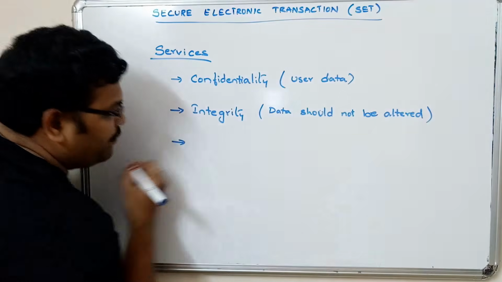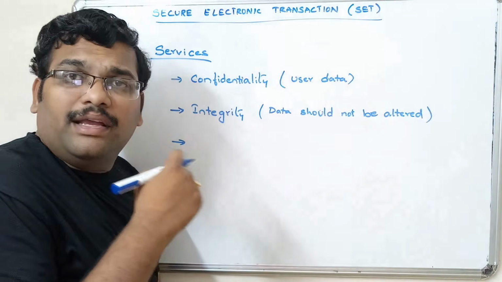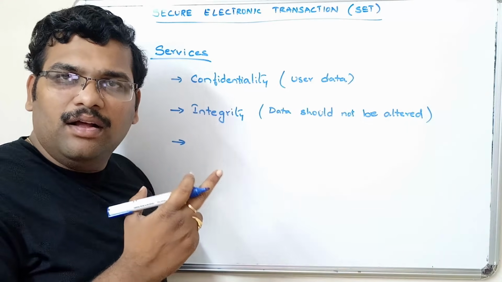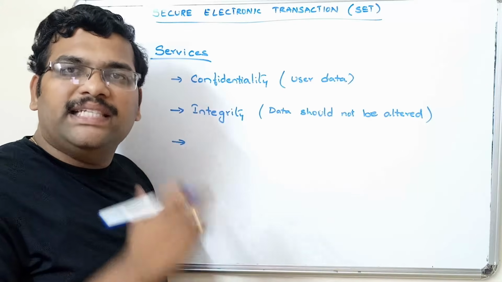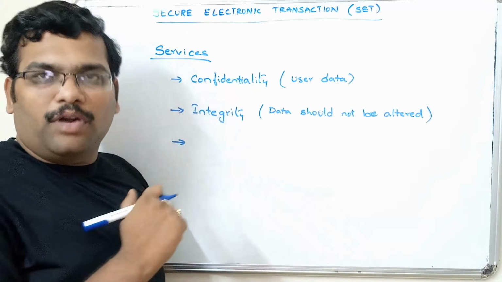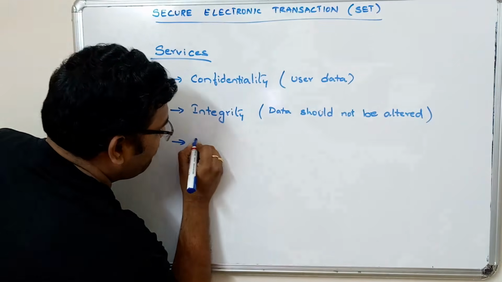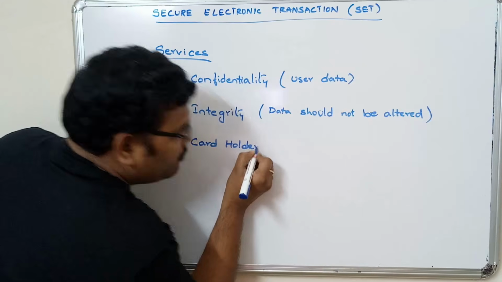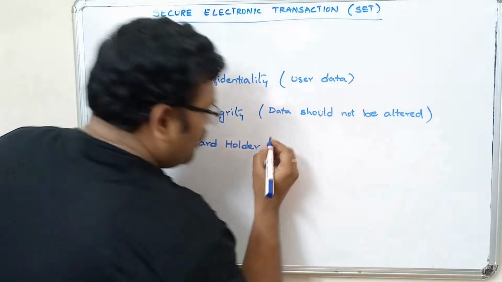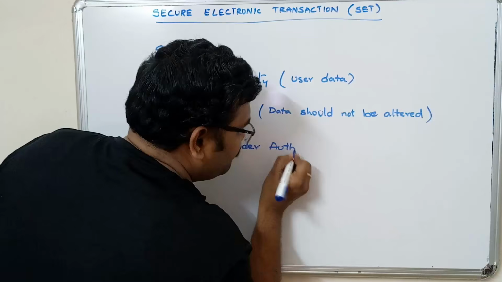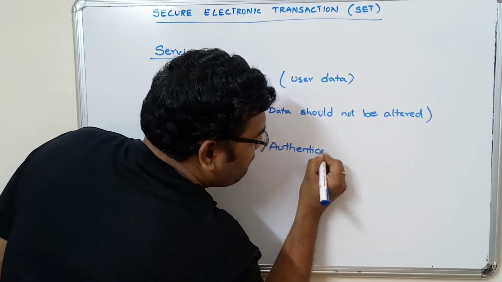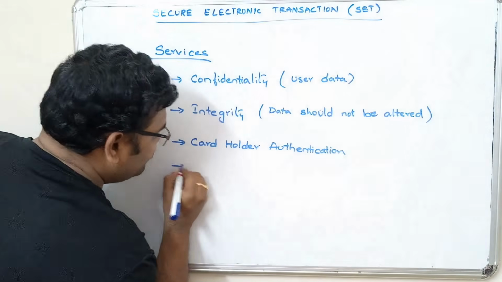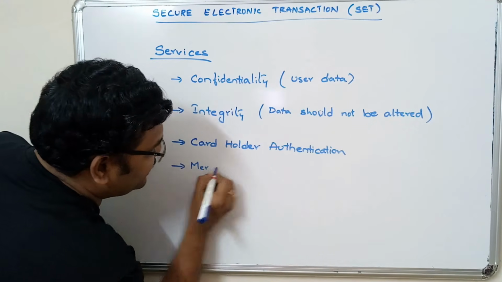Next, as we know, in the online store two persons will be there: one is the card holder who purchases the product, and another is the merchant who sells the product. Card holder, simply we can say user. Card holder authentication. Similarly, merchant authentication.